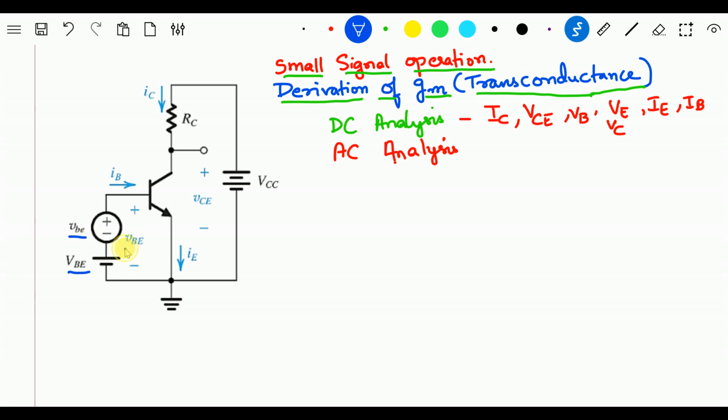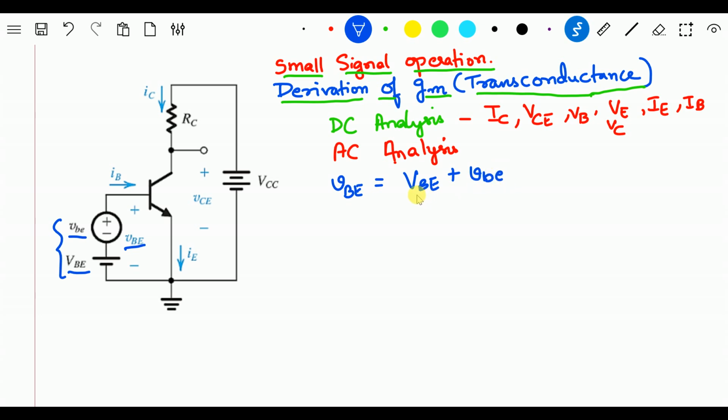And for this vb, I can easily write the first equation: small v with capital B, the instantaneous base emitter voltage, is equal to the summation of these two voltages, which is nothing but VBE, capital V, capital B, plus small v, small b.